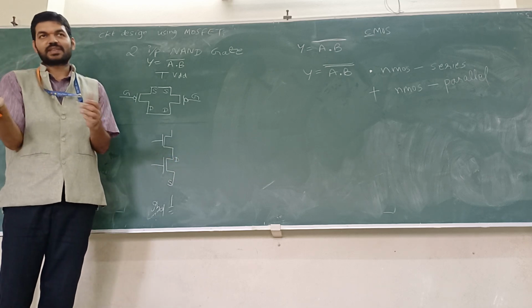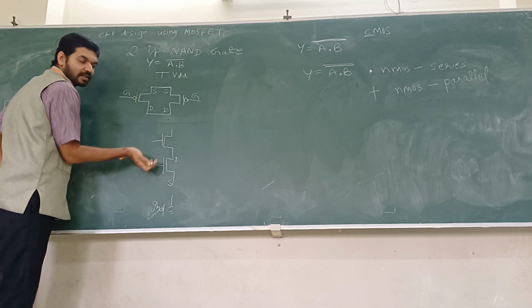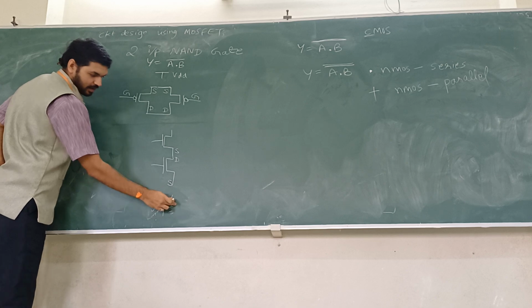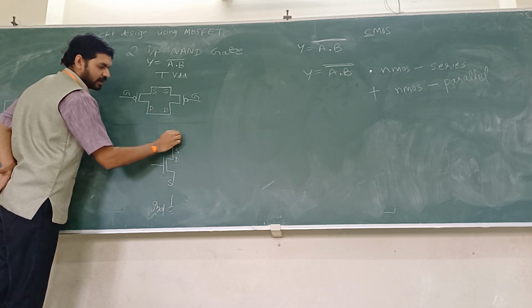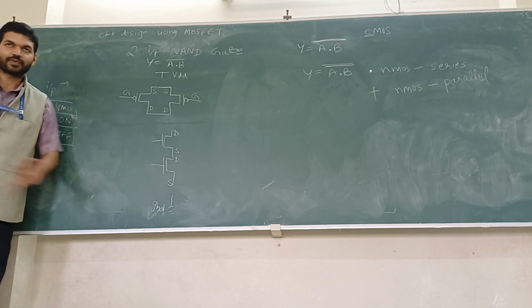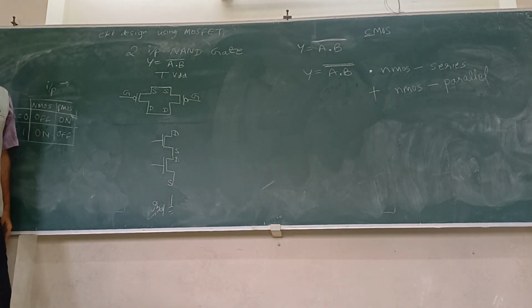If one is source, the other should be drain. Okay. And we follow the same convention. We will repeat the same: source near the ground, drain near the output potential. This convention we follow throughout our CMOS design.